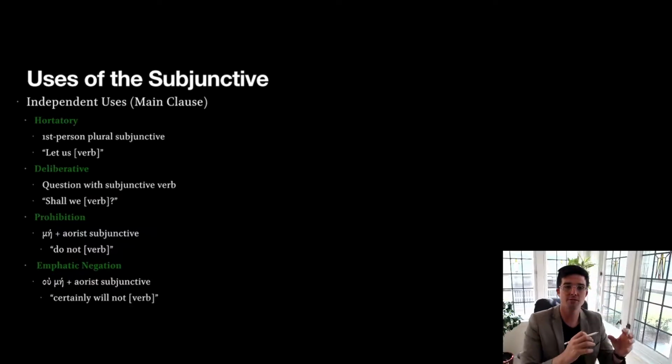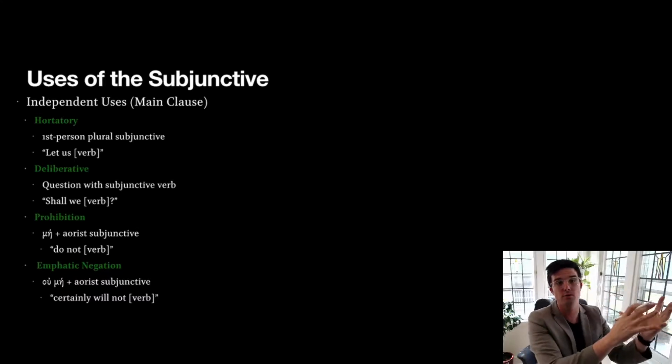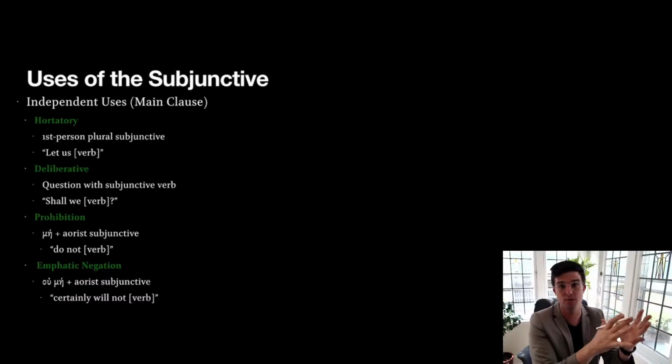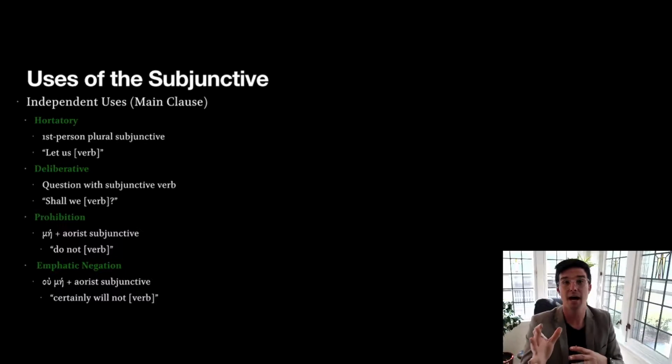So we have 2 different categories of use for the subjunctive. One category of use is the independent use of the subjunctive. And this is where the subjunctive verb is itself the main verb in the sentence. That is, we don't need another verb in the sentence in the indicative to make the meaning of the sentence.